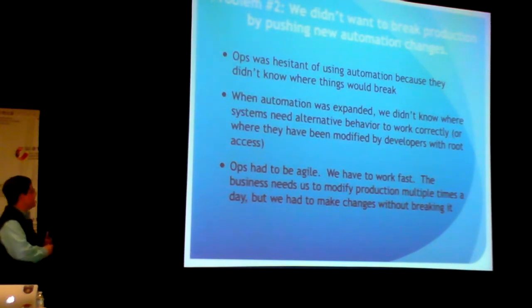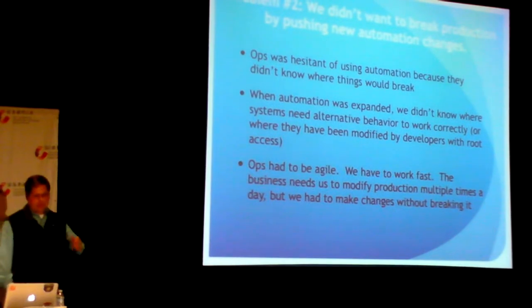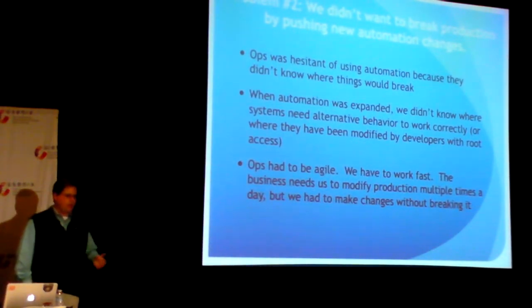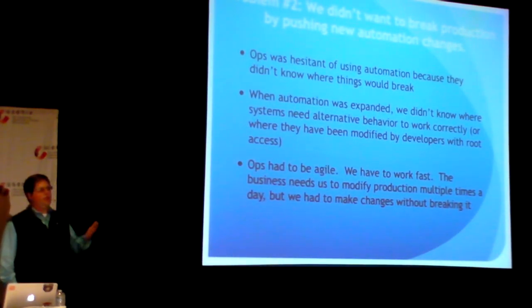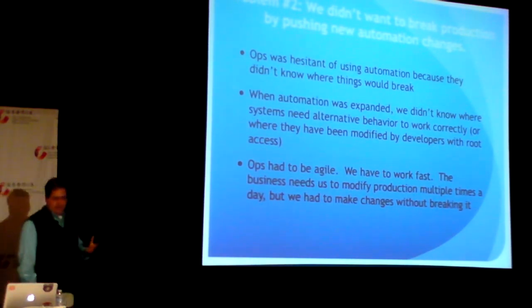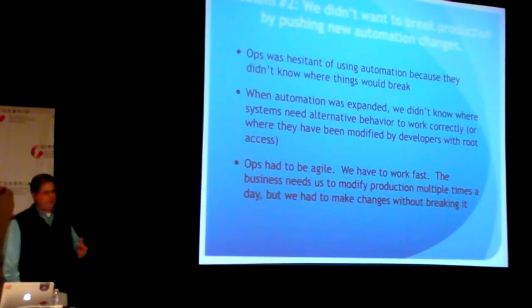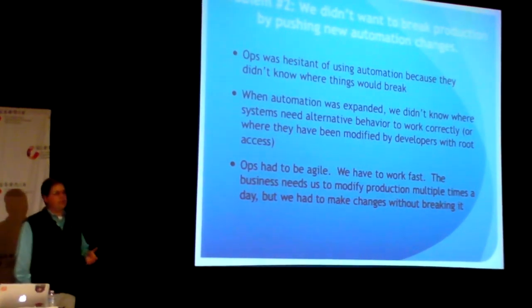The second problem is we didn't want to break production by using automation. And no matter what automation product you use, whether it's CFEngine, Puppet, Chef, Salt, etc., they all have the same common problem, that automation assumes that you know what you're going to do to your machines.